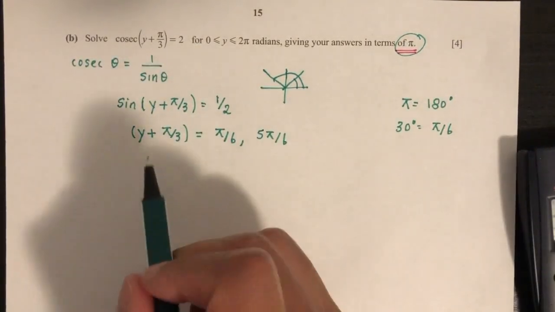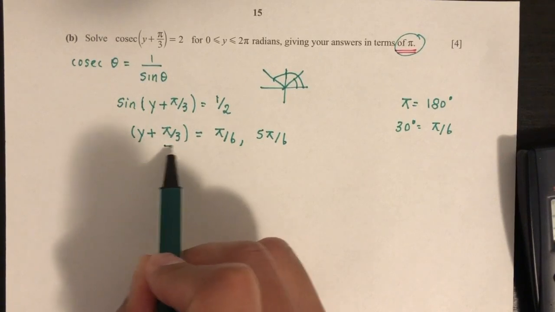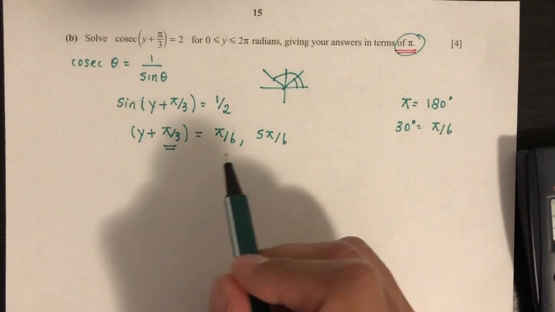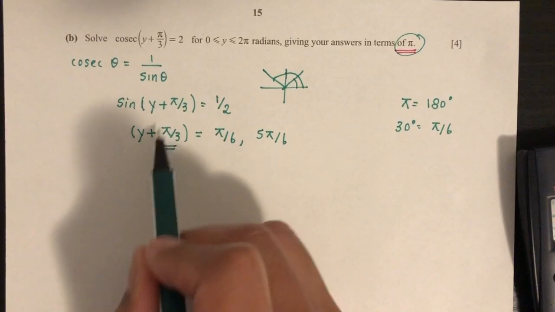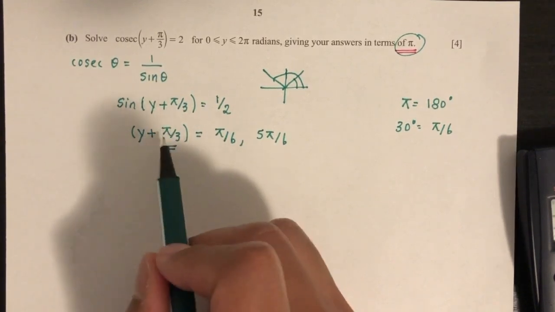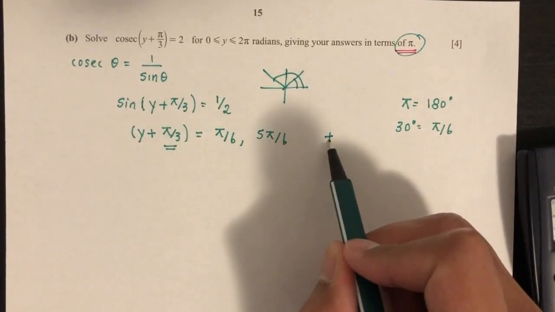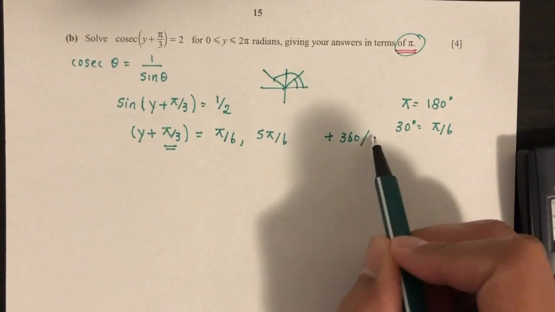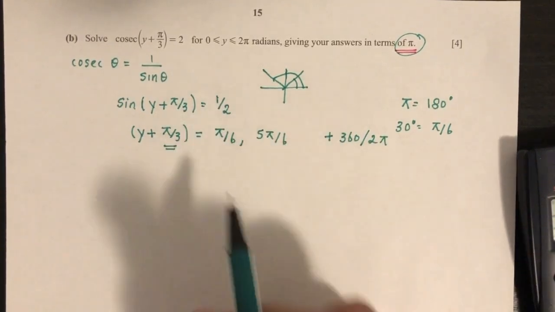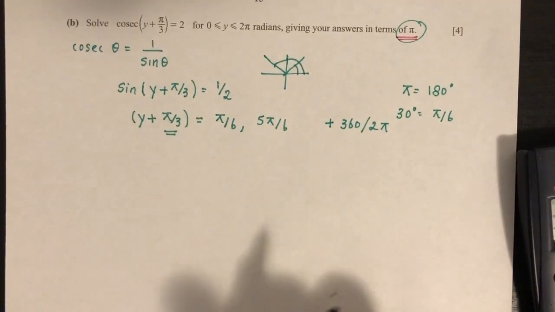Now, since we have y plus something, right, we have to add 360, which is 2 pi, to those two values. So let's do that.